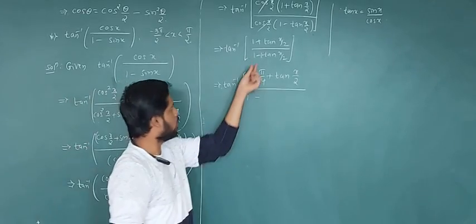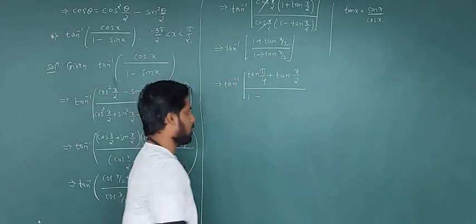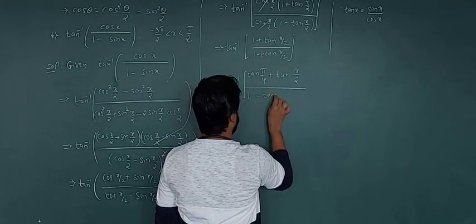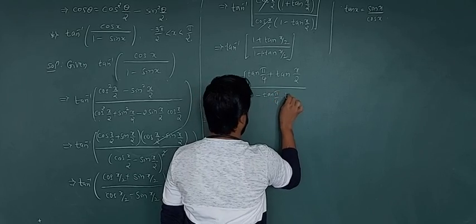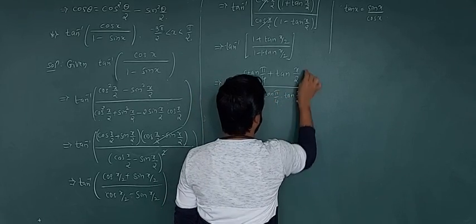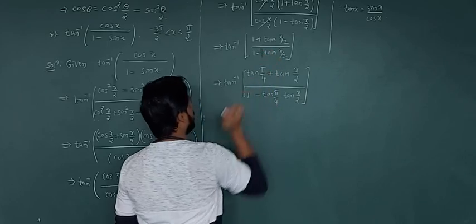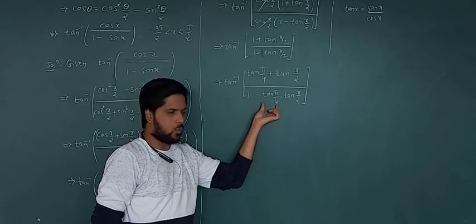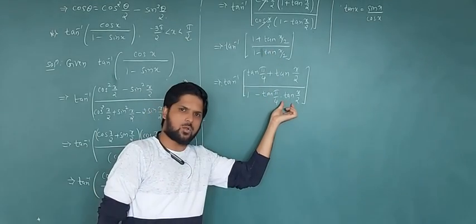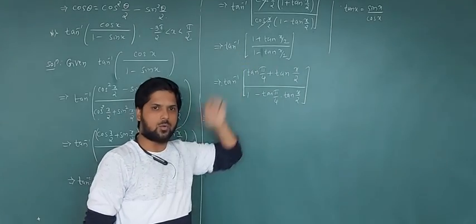Again I am going to replace this 1 as tan pi by 4, so tan pi by 4 into tan x by 2. Okay, the tan pi by 4 value is 1, and 1 into tan x by 2 is again tan x by 2.